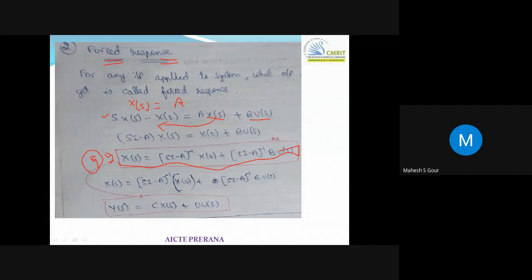That is X(s) equals (sI minus A) inverse into X(0) plus (sI minus A) inverse into B U(s). Suppose the initial condition is not given, then this whole term becomes 0, and you are left with X(s) equal to (sI minus A) inverse B into U(s).